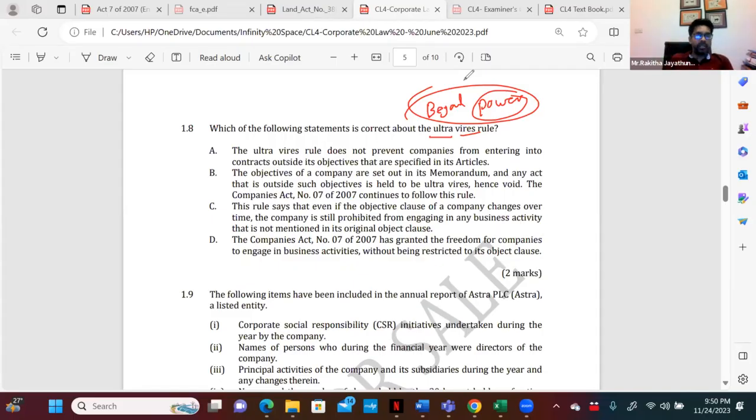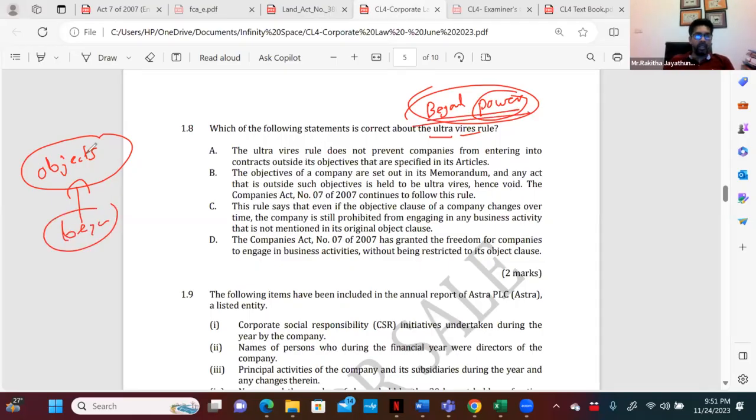Now, those days under the old act, there was a requirement to mention the objects of the company. If you state the objects of the company, then under the old act, the company couldn't do anything beyond the objects.